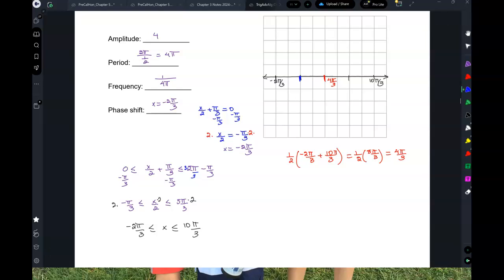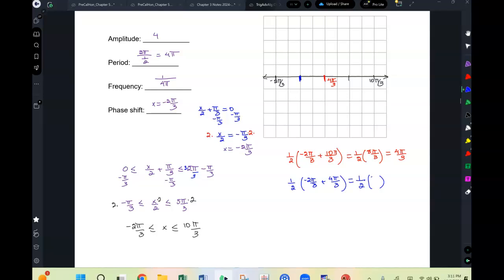Here. Halfway of negative 2 pi over 3 and 4 pi over 3. Halfway, negative 2 plus 4, 2. And then look, these 2's cancel, so it's just pi over 3.